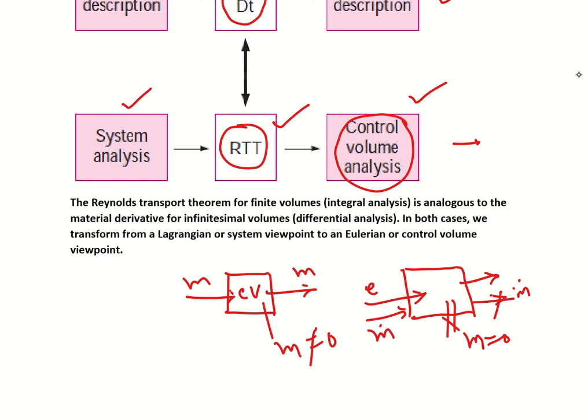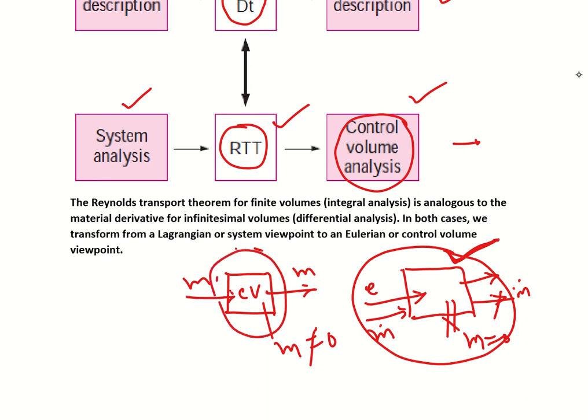Energy can come in and go out in case of the system, but mass transfer is 0. But in case of control volume, the mass can come in and mass can go out. This is the difference between system and control volume.